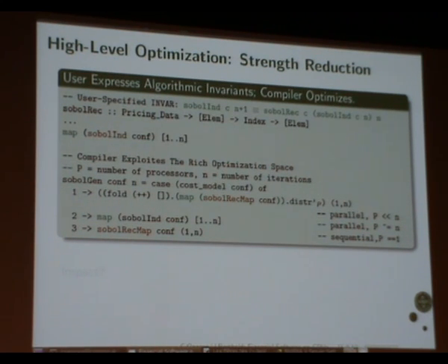For example, if you have significantly more iterations than processors, then we choose this formula. Right? If we have roughly the same number of processors as iterations, then we use Sobol independent because we like to execute this in parallel. And for the sequential case, we will choose the cheap formula.